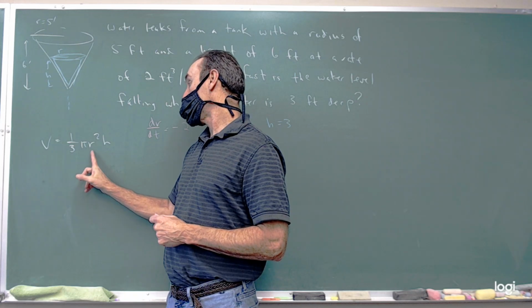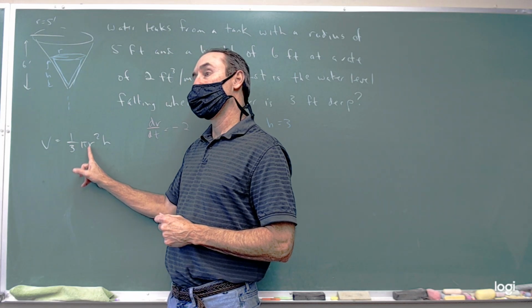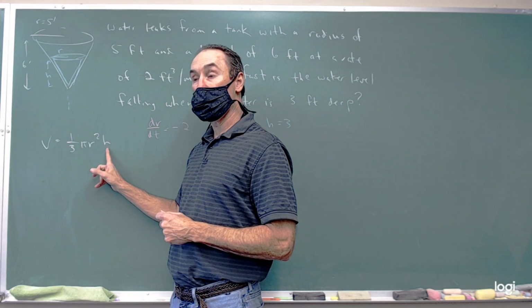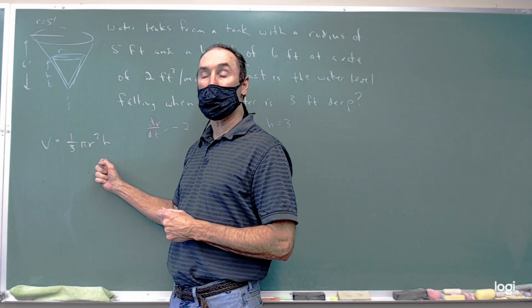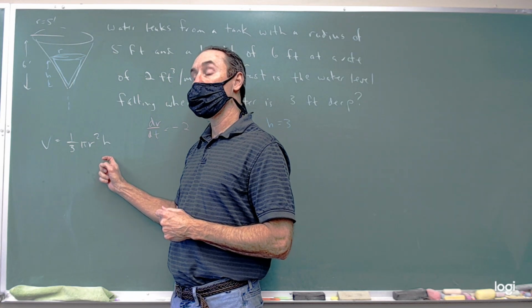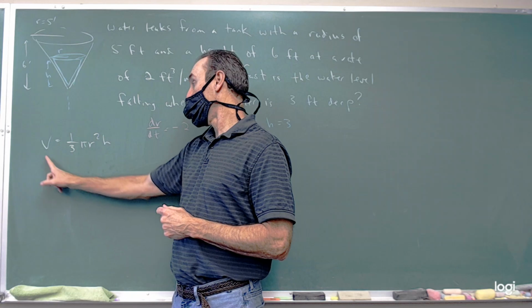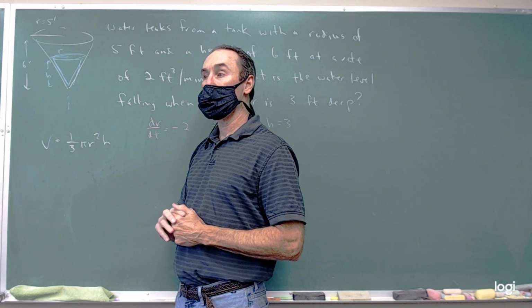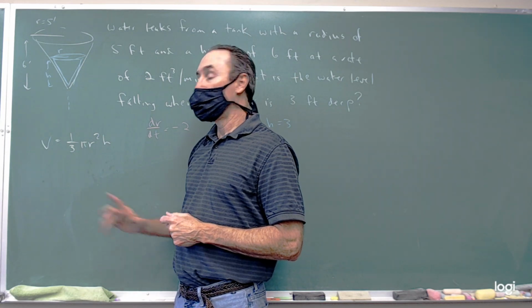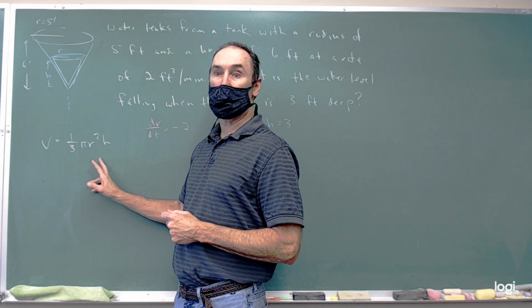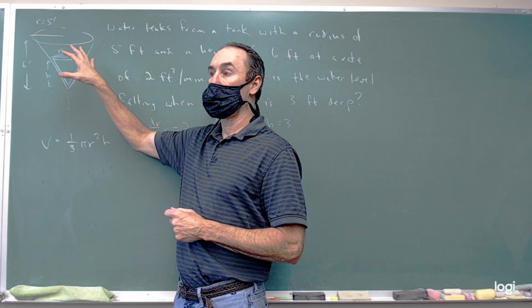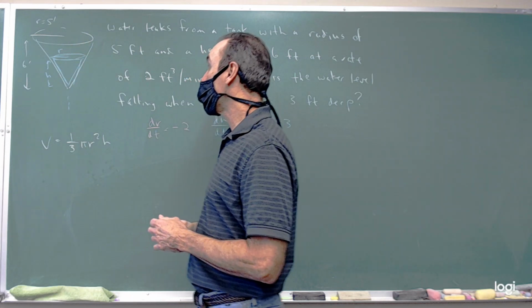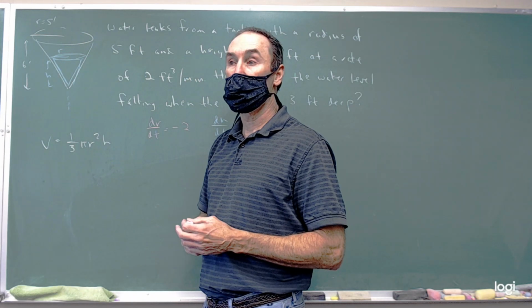And that is to try to get the radius in terms of h first, plug that in, and then differentiate, where we have only one variable that's changing with time, in addition to the volume that's changing with time. So to get the r in terms of h, we have to look back at our picture and see that we have some similar triangles.